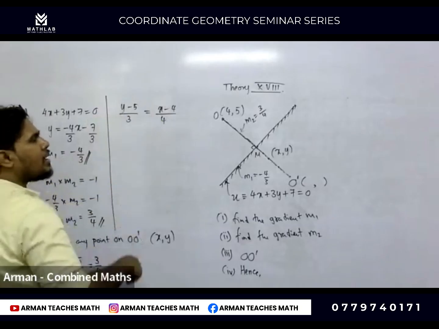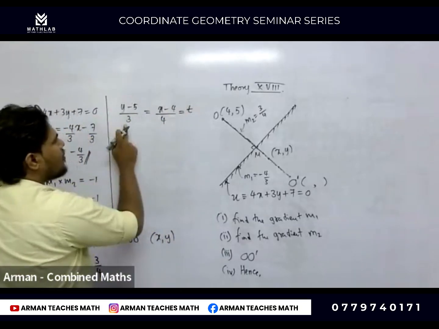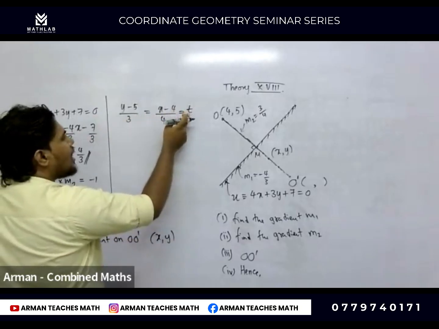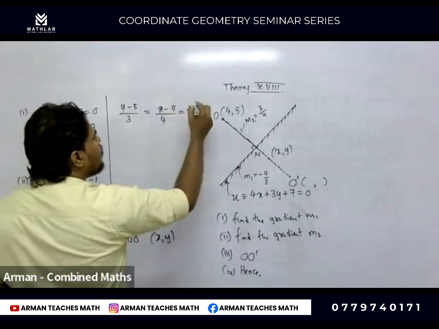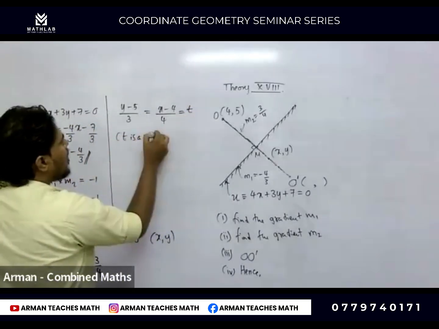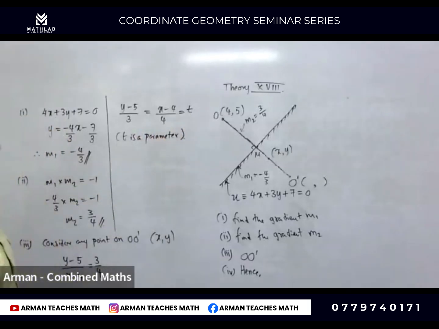So I'm going to take them as simple t. This one gives you a value, that value is equals to this one. So I'm going to take that value as simple t, where we write t is a parameter. T is a parameter. You must write that. So we did the same process in our previous classes. This one is kind of a recap for you.